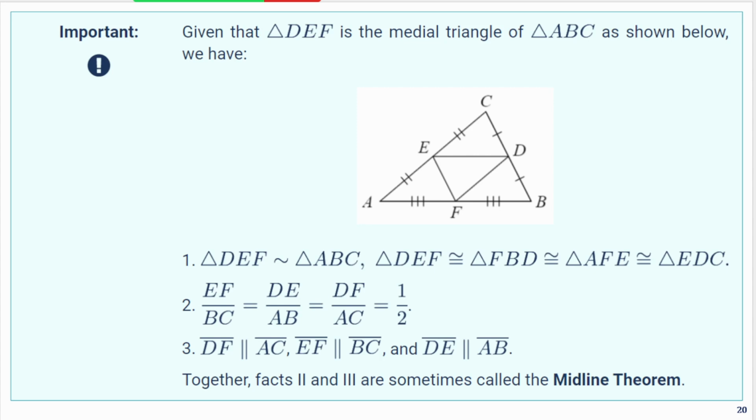All 4 little triangles are congruent. Second, EF over BC equals DE over AB equals DF over AC, which equals 1 over 2. Third, DF is parallel to AC, EF is parallel to BC, and DE is parallel to AB. Together, facts 2 and 3 are sometimes called the midline theorem.